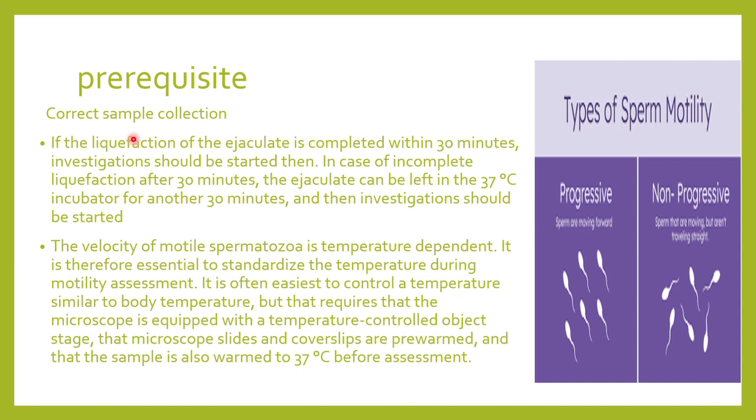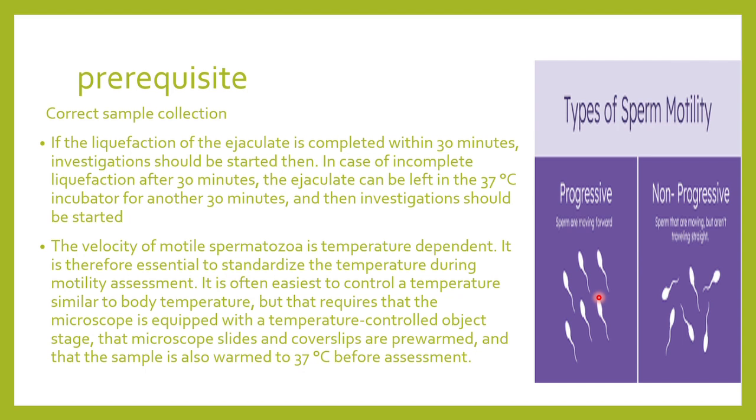Suppose the sample does not liquefy, then we will have to incubate it at 37 degrees for another 30 minutes, and then only the analysis has to be started. Also remember the motility of the sperms is temperature dependent. That is why we have to standardize the temperature during the motility assessment.